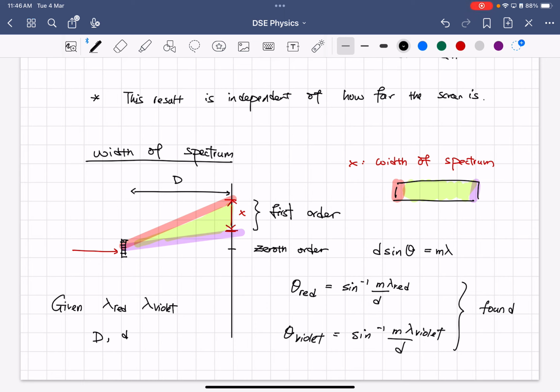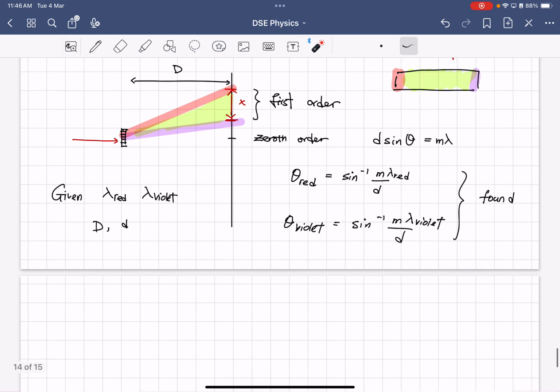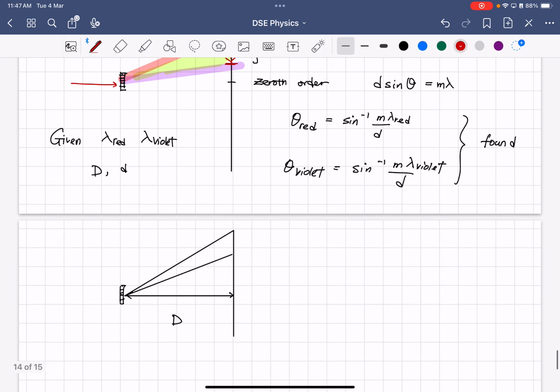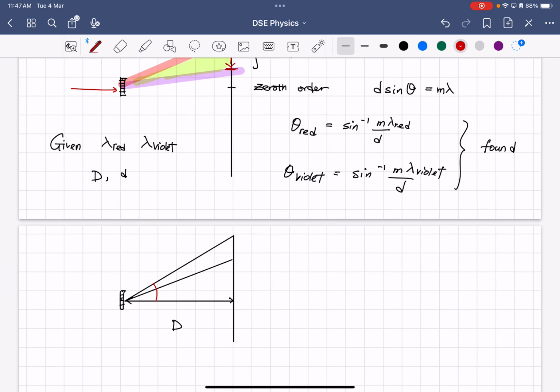Well, but that is not what we need. I want to find this x here. Then we need trigonometry. So on the screen, what happened is you have this as D, and then you have two lines. What you find is this as theta red, and this is theta violet.